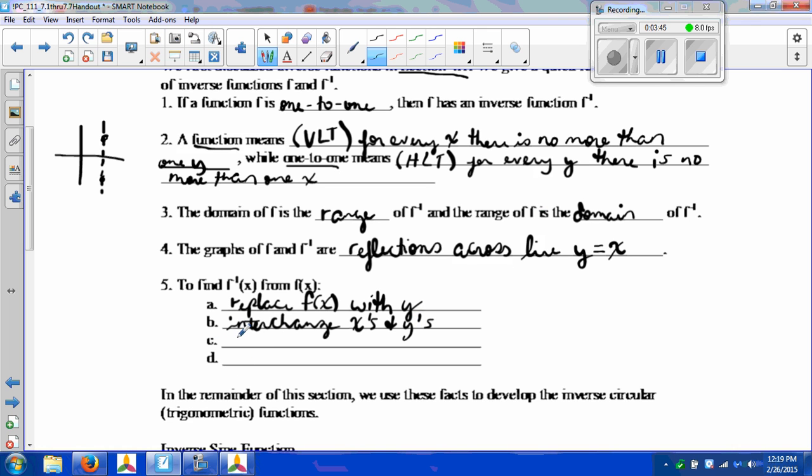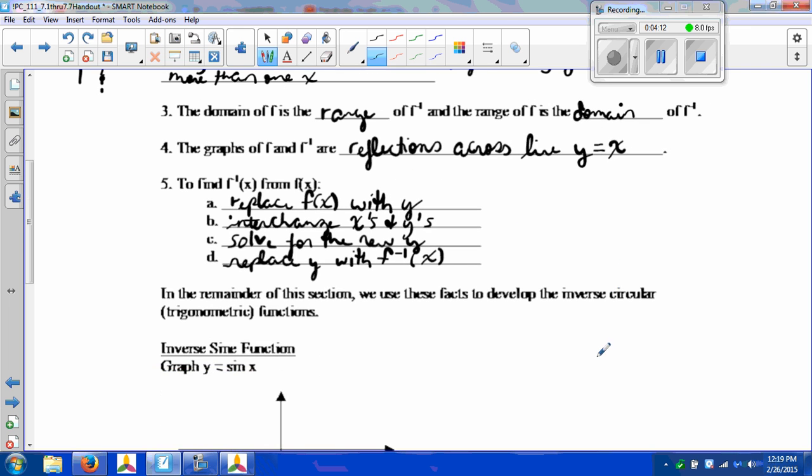Then you solve for the new y, so we can get the new equation of the function. And then finally you replace y with f inverse of x. This is so we can tell them apart, because if you just left them both as y's, you wouldn't know which one was which, even though they're inverses of one another. This is so I can find the inverse function.